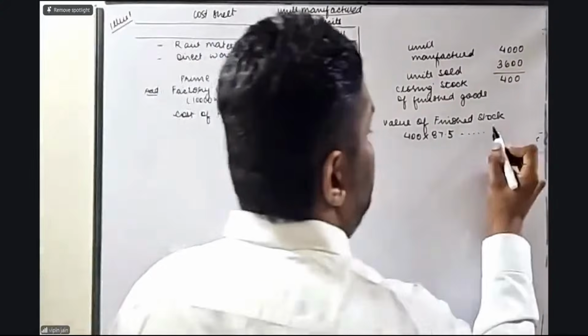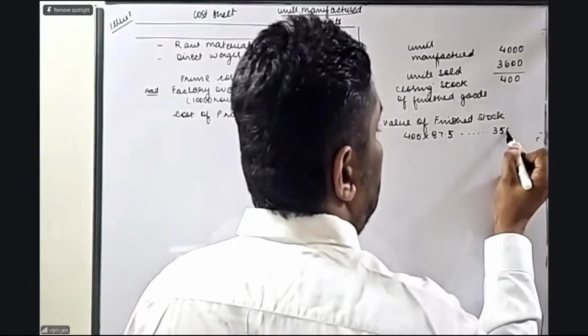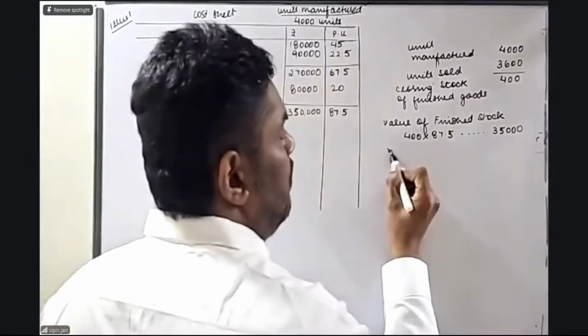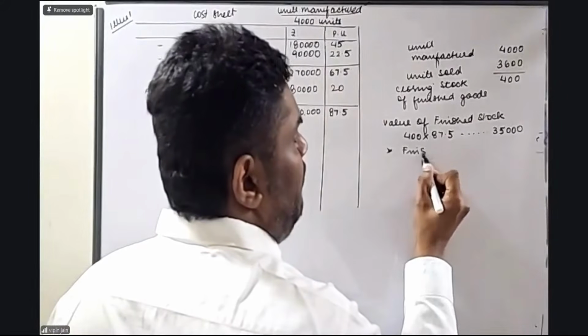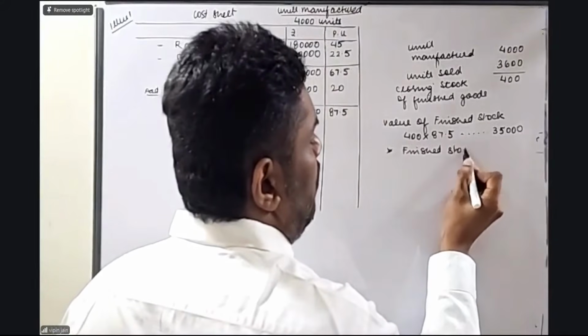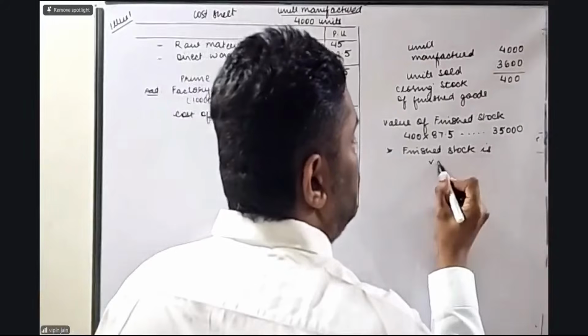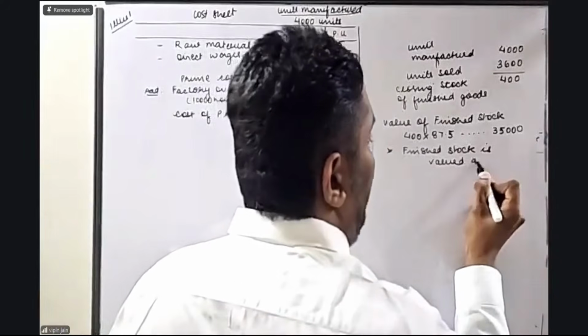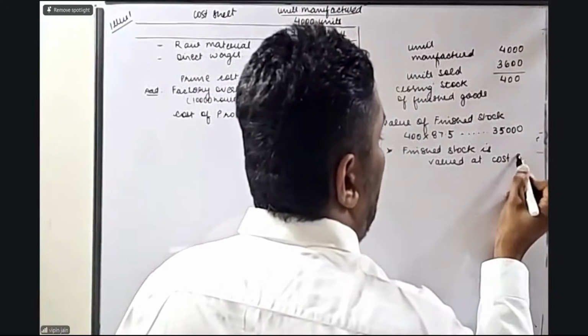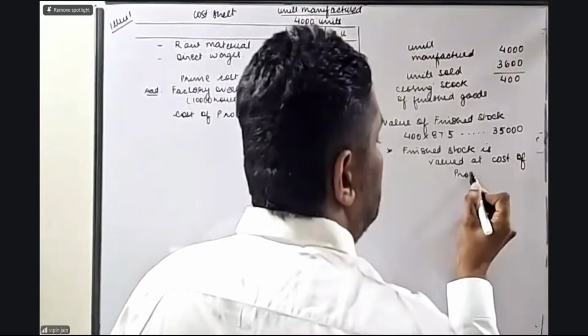So this will be 35,000. Finished stock is valued at cost of production.